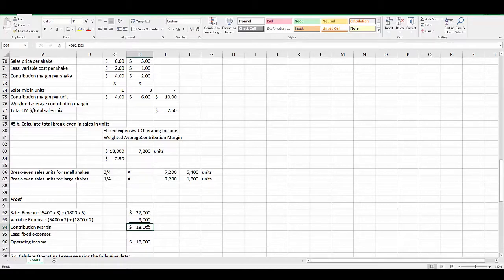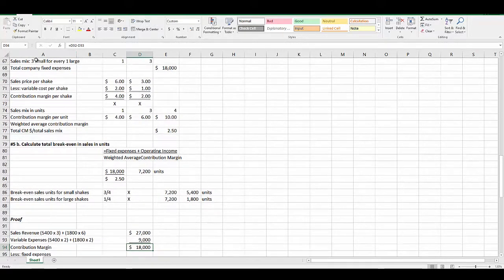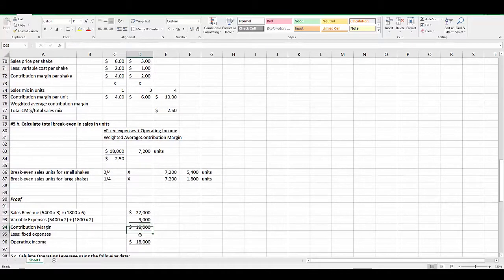So contribution margin of 18,000, and you will recall the total fixed expenses for the company is 18,000. So we'll subtract our 18,000 in fixed costs, which will give 0 operating income, which is what we mean by break even. So you can see the shortcut method works just fine. So that ends section 5B.